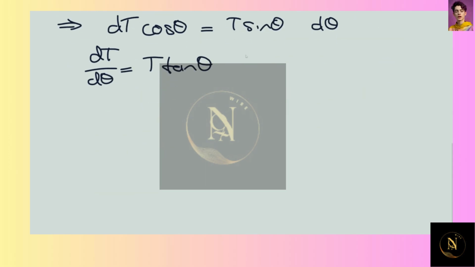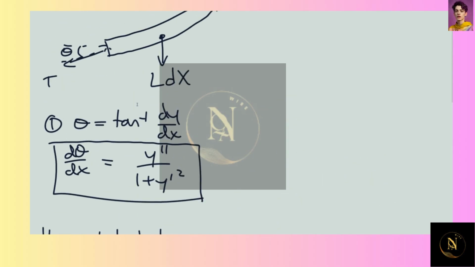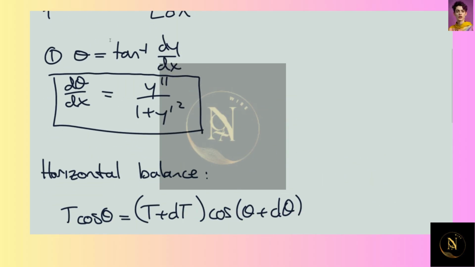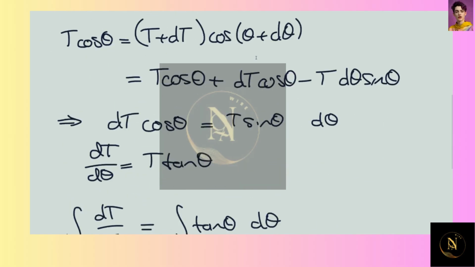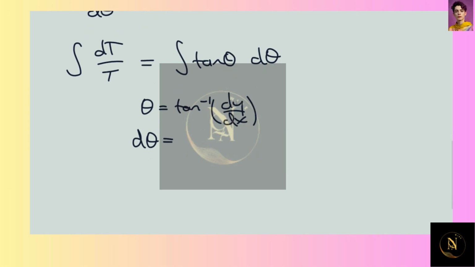Now we can separate variables. The integral dT over T is going to be the integral of tan theta d theta. But now let's use our expression here that theta is the inverse tan of dy by dx. So theta equals tan to the minus 1 dy by dx, and d theta is y double dashed over 1 plus y dash squared dx.